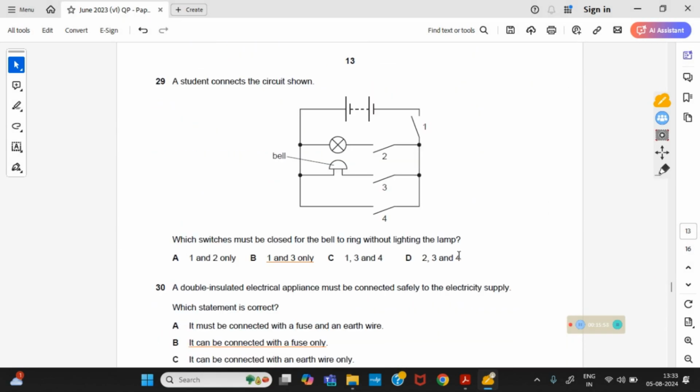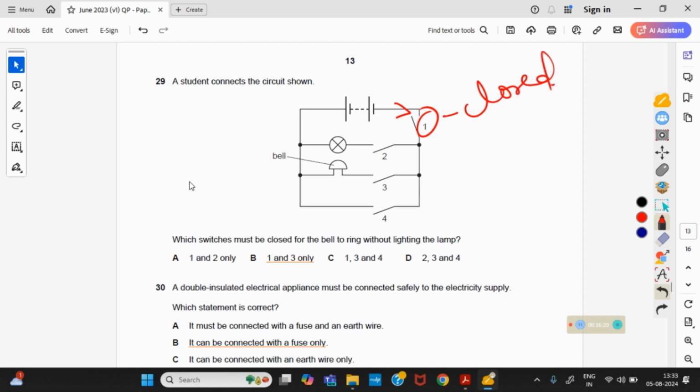A student connects the circuit shown. Which switches must be closed for the bell to ring without lighting the lamp? Now you can see if you close switch 1, then only a current from the battery can be drawn in the circuit. So switch 1 must be closed. If you close switch 2, this is a symbol of lamp and we need it without lighting.